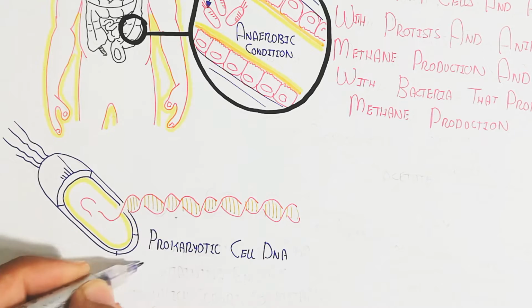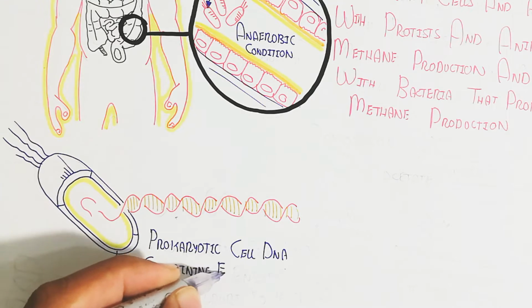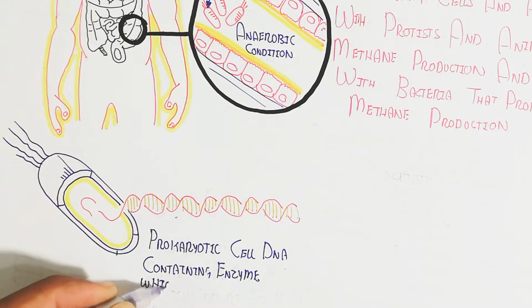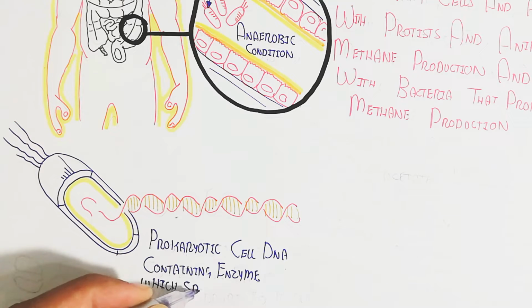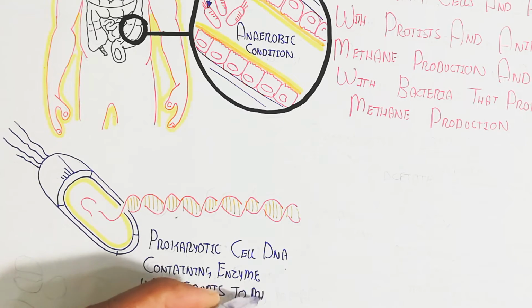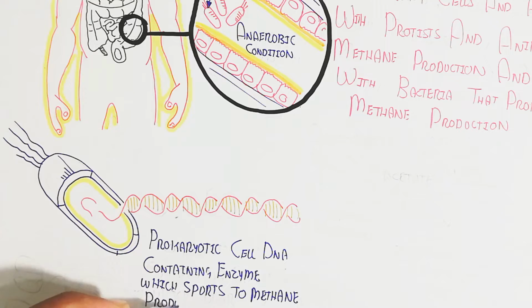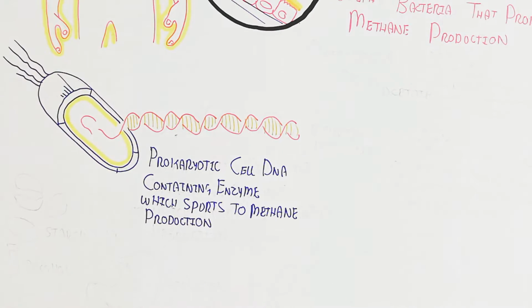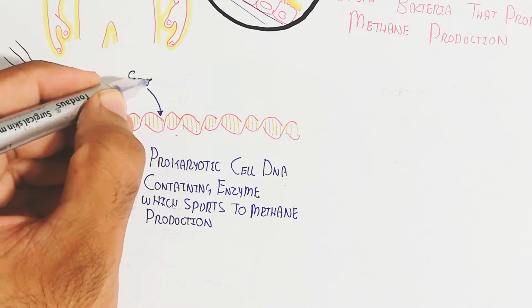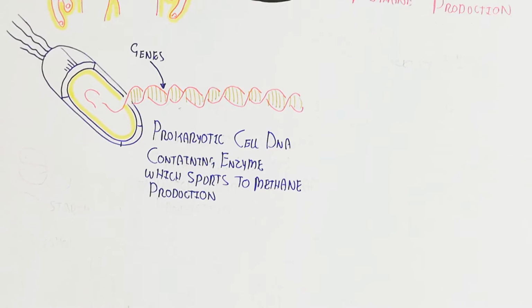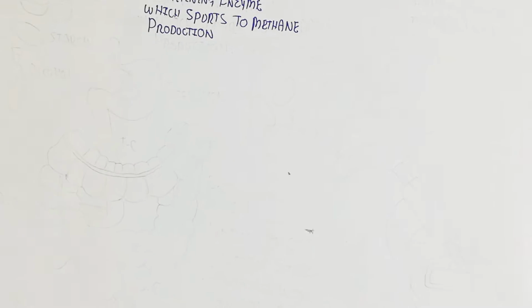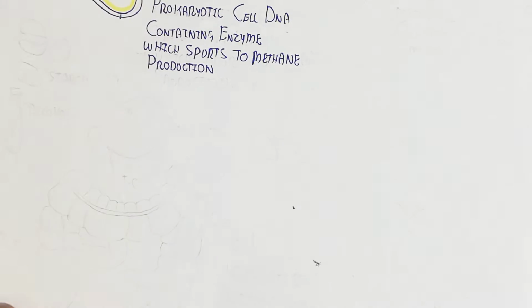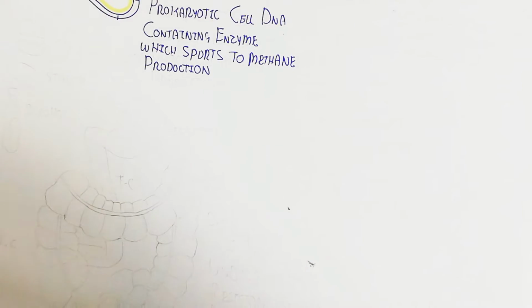These are bacteria which contain DNA as genetic material, basically prokaryotic cell DNA containing enzymes which support methane production. There are a lot of genes which produce the different types of enzymes for methanogenesis.